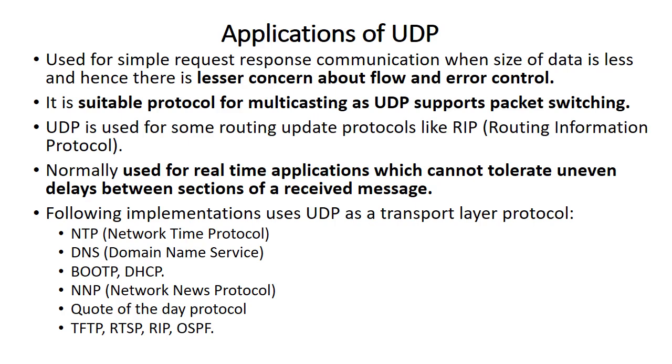All of these use the UDP protocol. These are all the application areas. To transmit data from source to destination, it's a connectionless protocol. We have to remember these key points and the header format also. Okay, thank you very much.